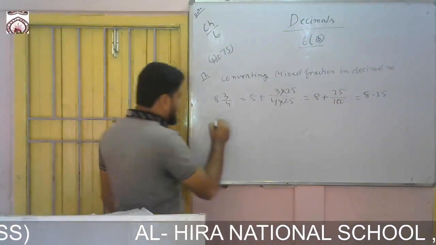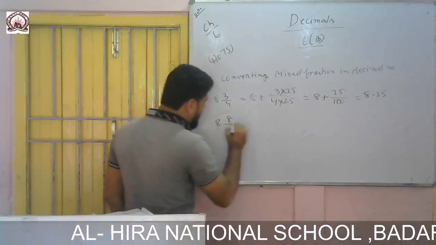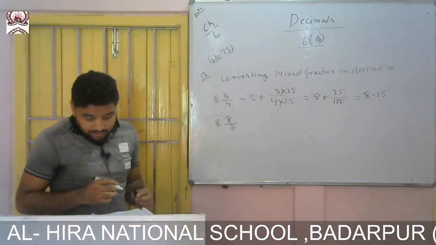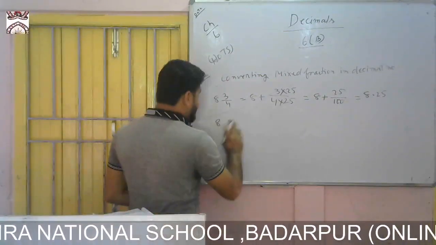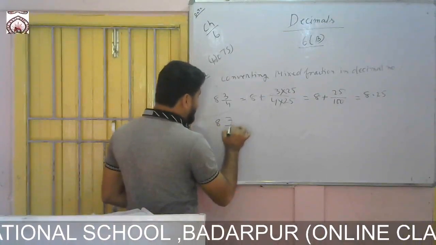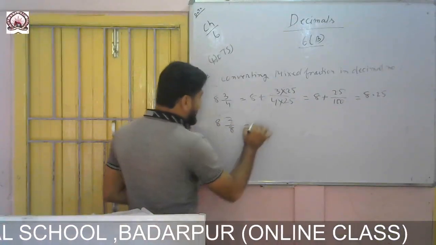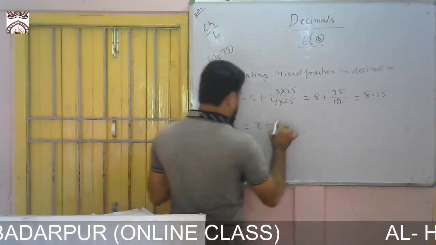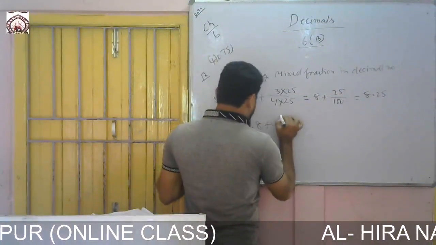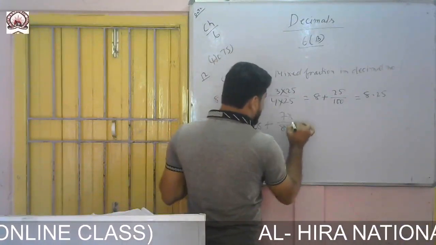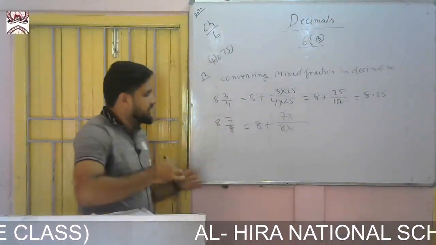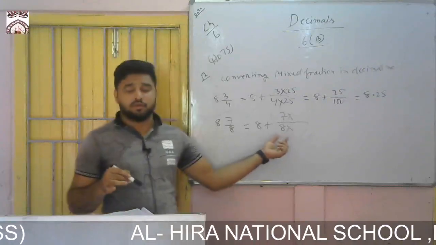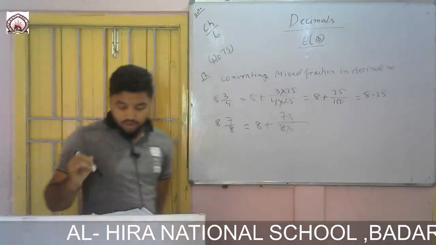8 7/8. 8 7/8. So it is 8 plus 7/8. Now make the denominator a multiple of 10, or 100.